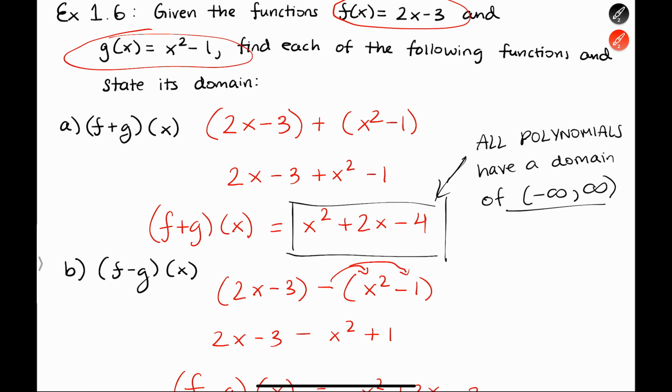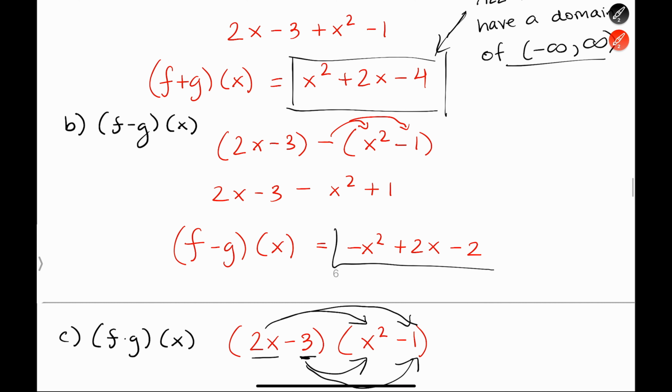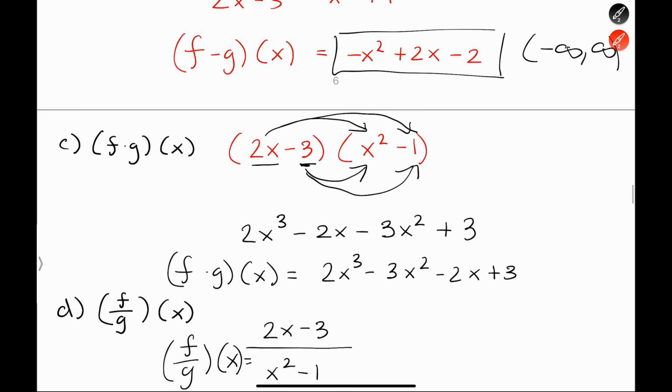So this is the domain for this. This is also a polynomial, so its domain will be from negative infinity to infinity. This is also a polynomial, so its domain will be from negative infinity to infinity.